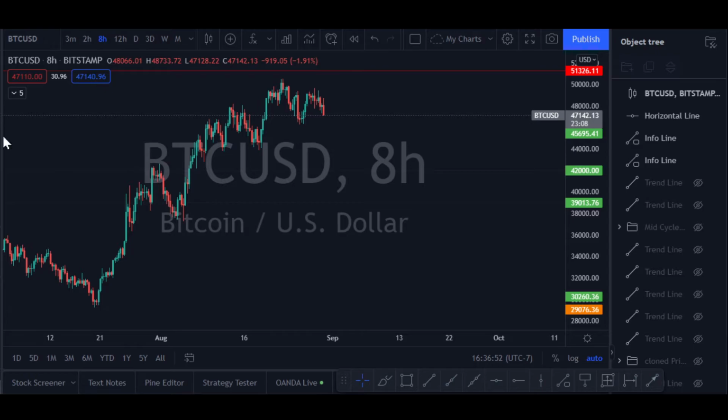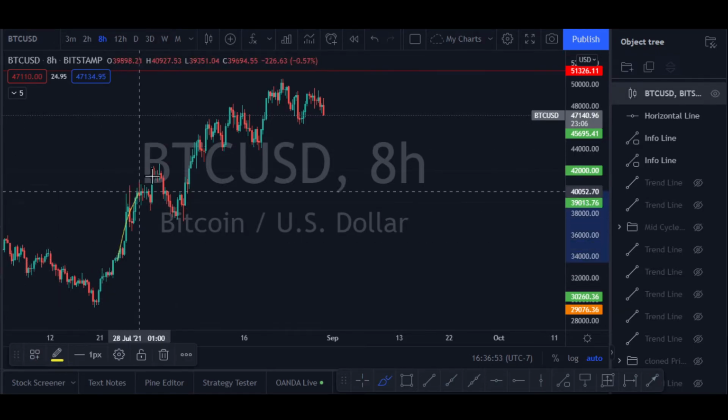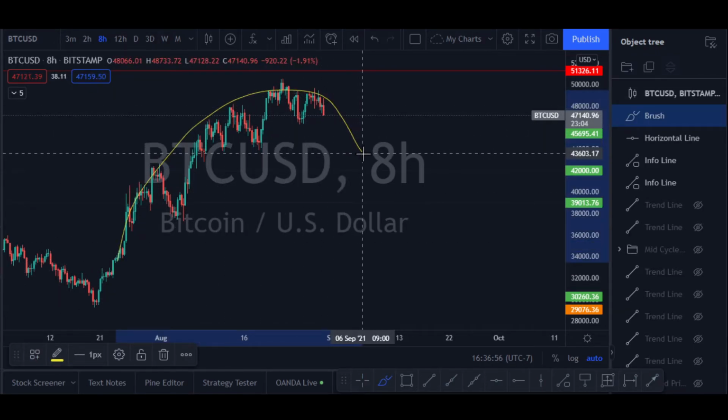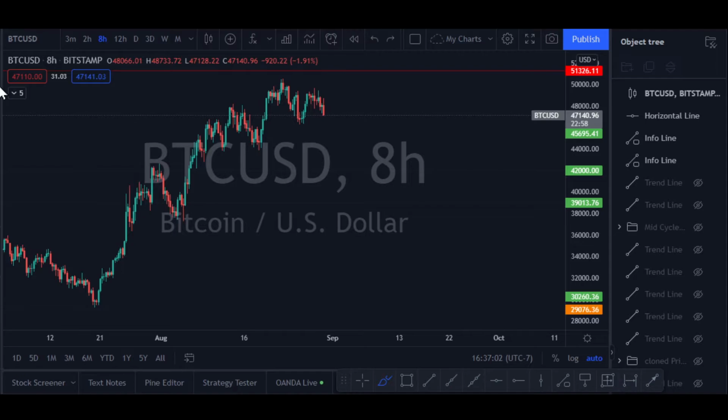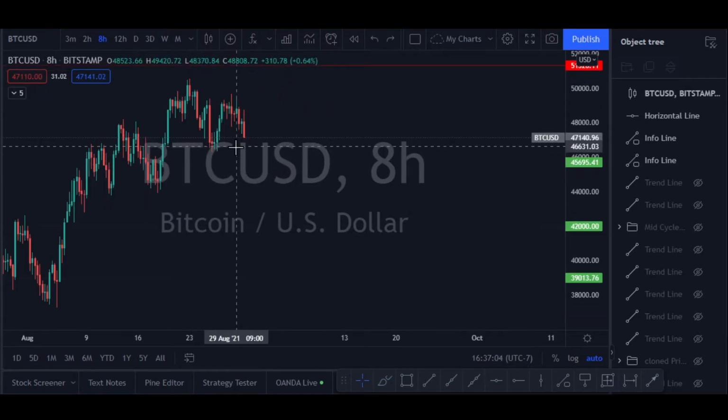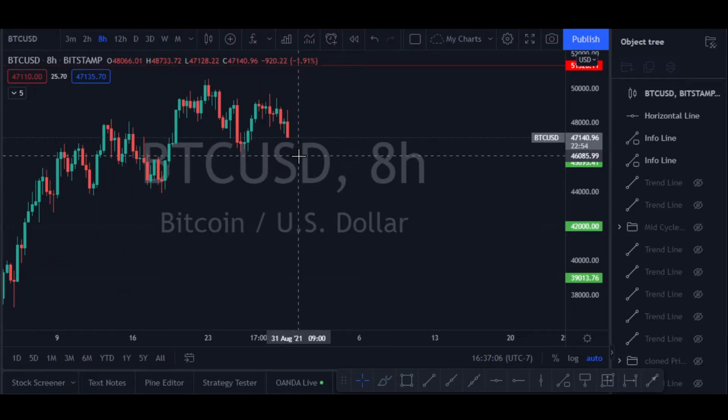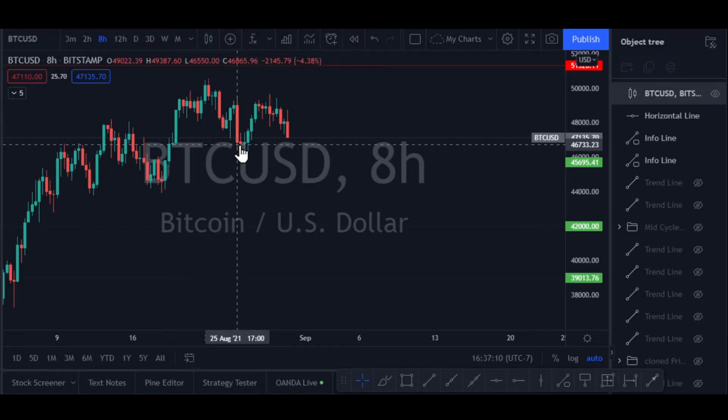In the near term, I'm looking to see if price is going to find support maybe right at this level around 43,000. As we speak, we haven't made a lower low from this level here, August 25th and 26th, which is about 46,700.